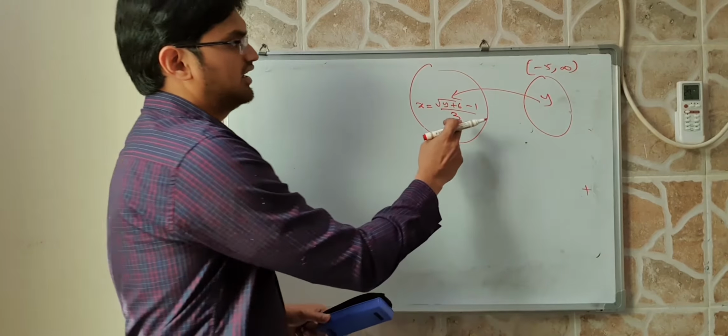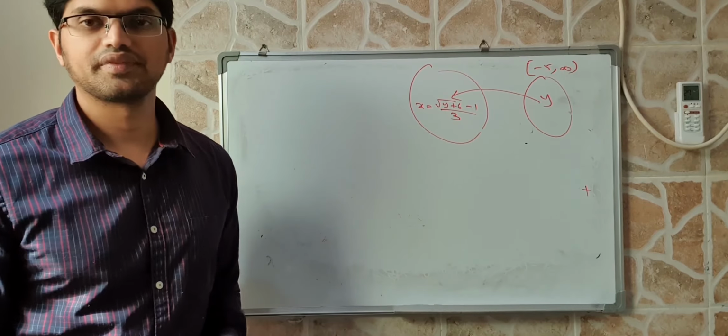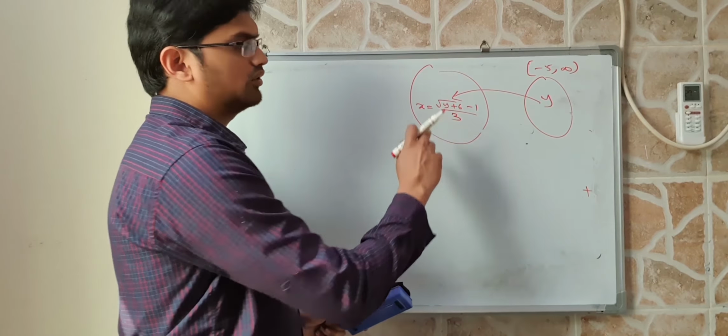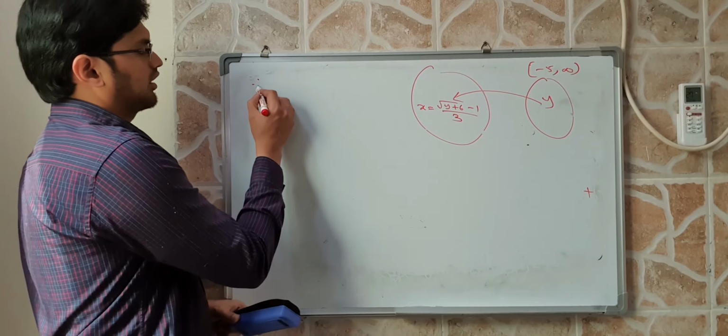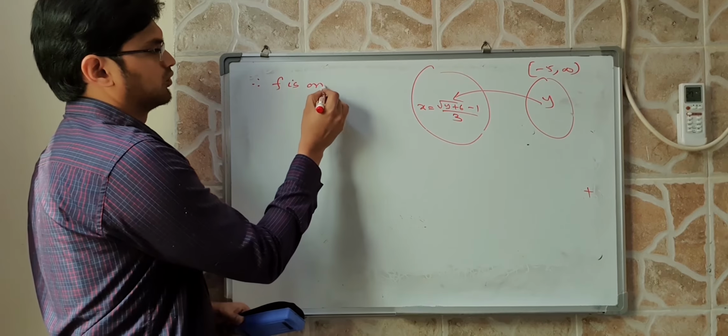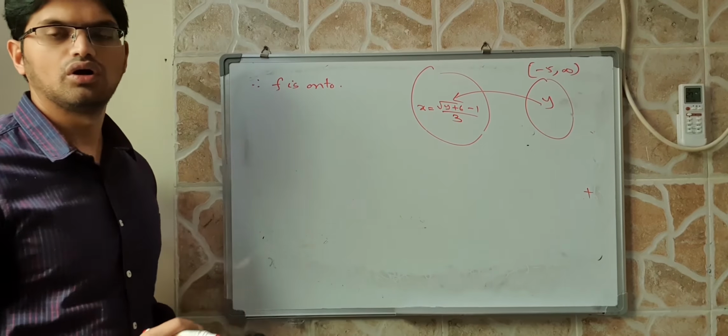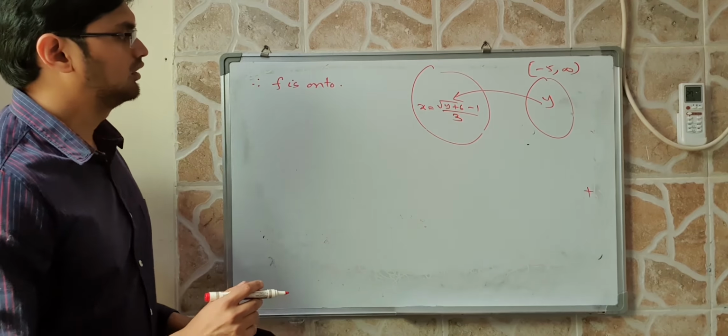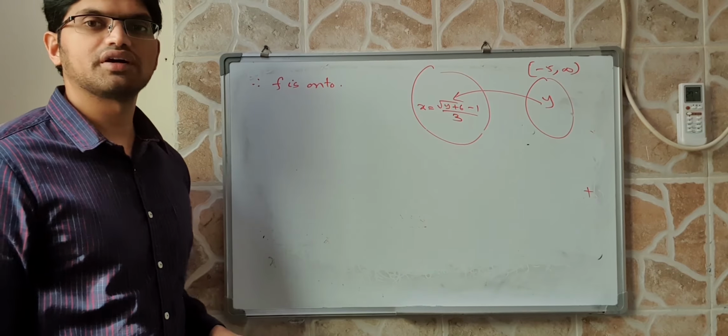That is, this is the element which maps to y. So therefore f is onto. Now, how do you define the inverse function?